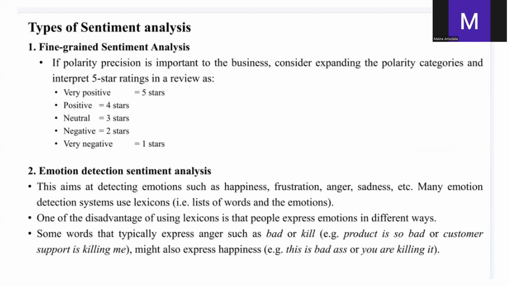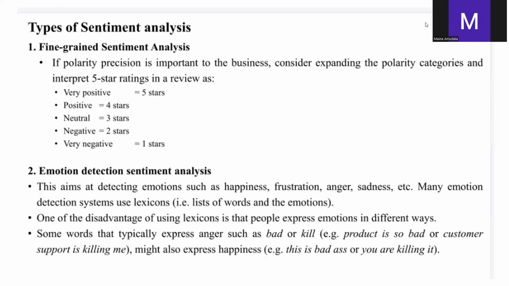There are types of sentiment analysis. The first one is fine-grained sentiment analysis. It is used if polarity precision is important to the business, expanding the polarity categories, like a 5-star rating in a review. If customers are satisfied with a product, they give 5 stars for very positive, 4 for positive, 3 for neutral, 2 for negative, and 1 star for very negative.